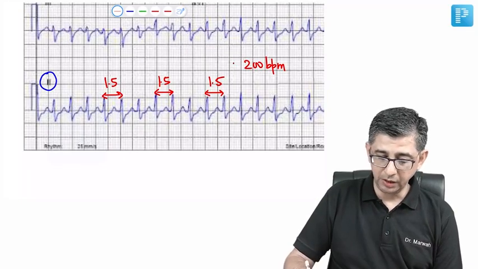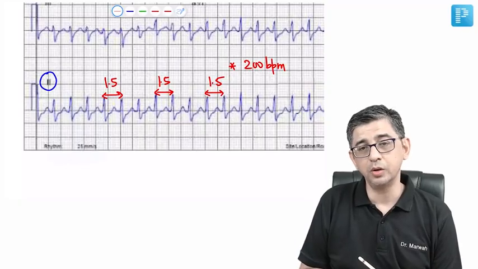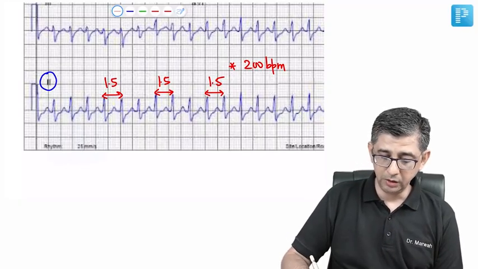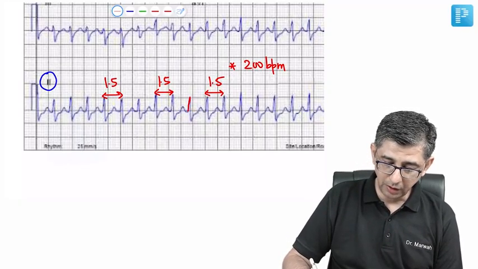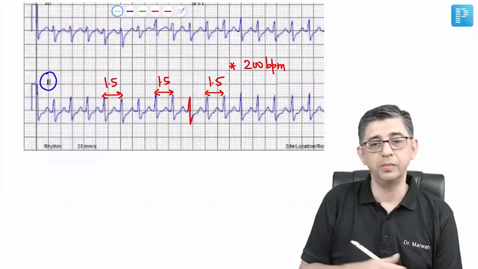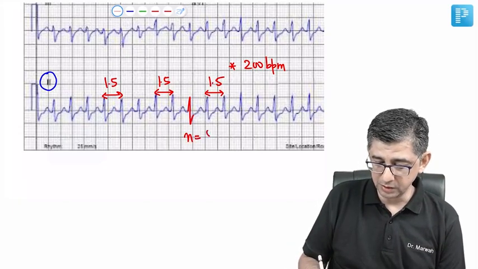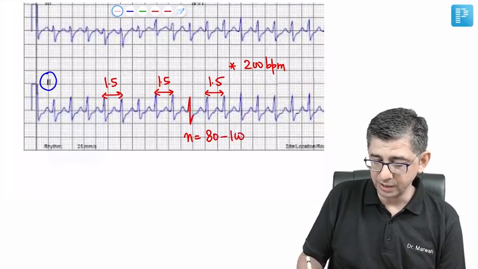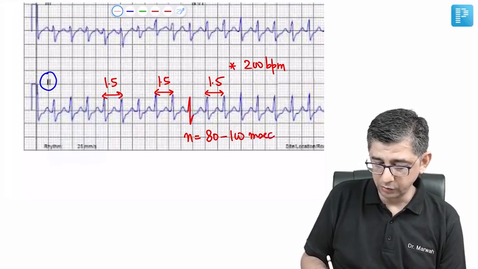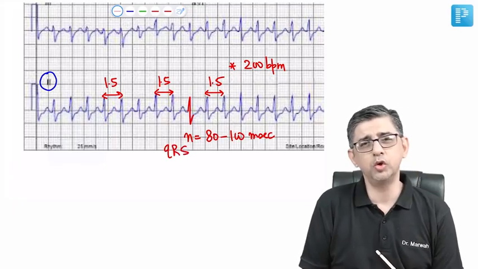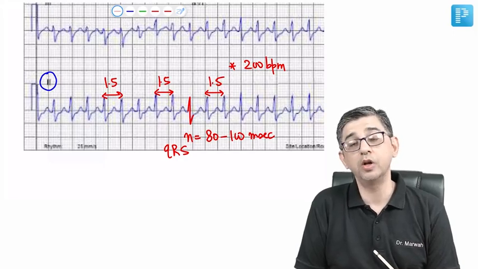Once I know that there is a tachyarrhythmia occurring in the patient, my next job would be to look at the morphology of the QRS complex. The normal duration of the QRS complex is about 80 to 100 milliseconds, so the QRS complex of yours and mine fits into about 2 to 2.5 small squares.